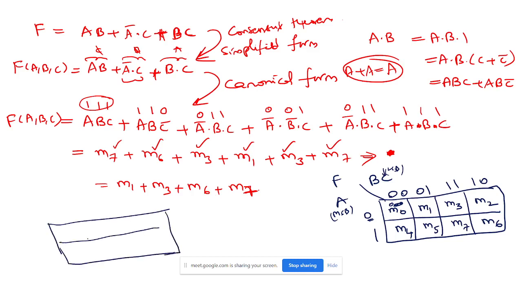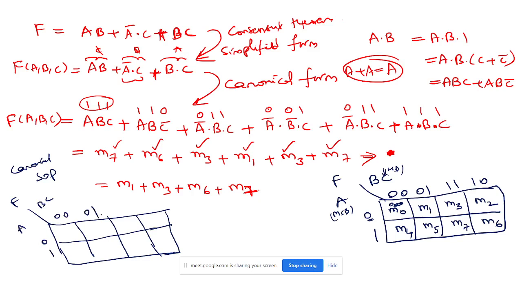Now somebody may say, sir, why not? This is canonical SOP form, right? Can I do canonical POS? Absolutely yes, no problem. Be with me for one more week. We will be very clear about this.